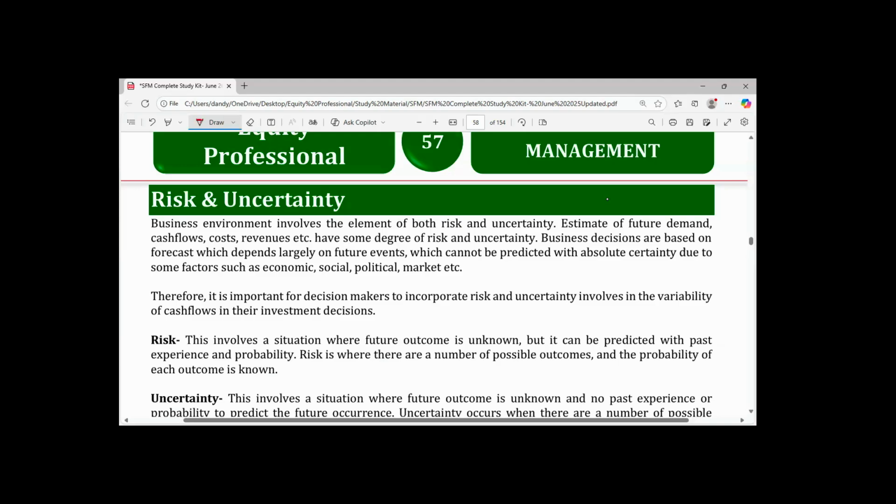So it is important that we consider risk and uncertainty when evaluating a project. Businesses operate in an environment that involves the element of both risk and uncertainty.